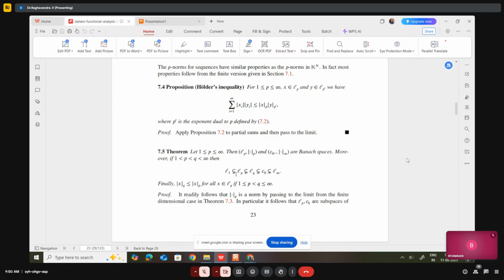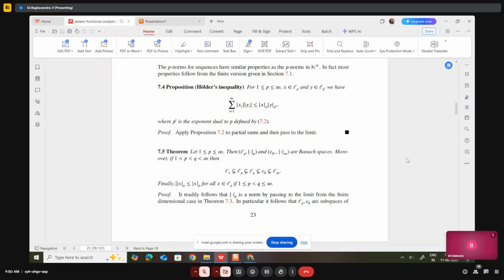Secondly, you have this inclusion. L1 is contained in L2, is contained in L3, etc., which is normally written as LP is contained in LQ but not equal to LQ, provided p is less than or equal to q. And that is not contained in C naught. That's also an obvious fact.